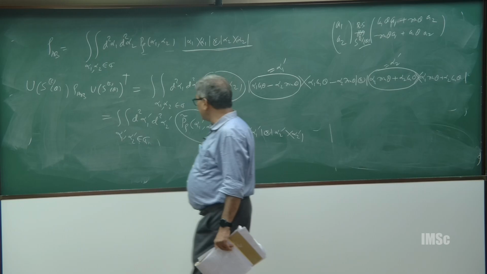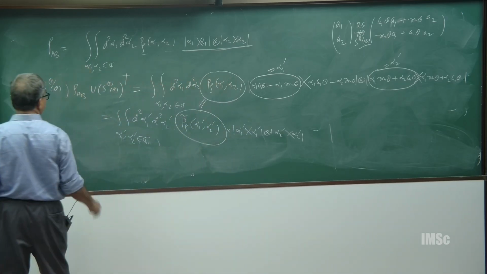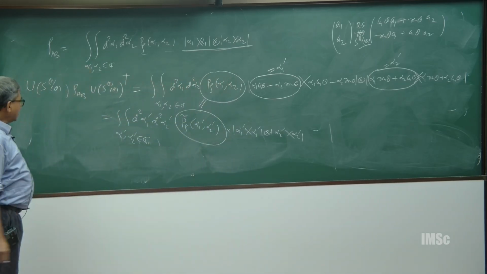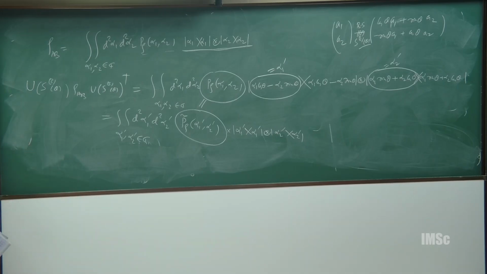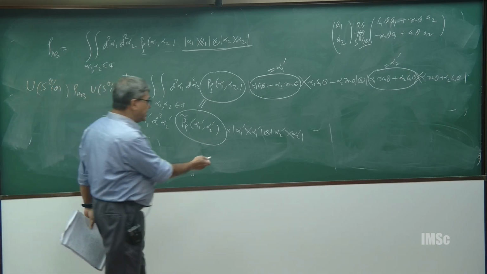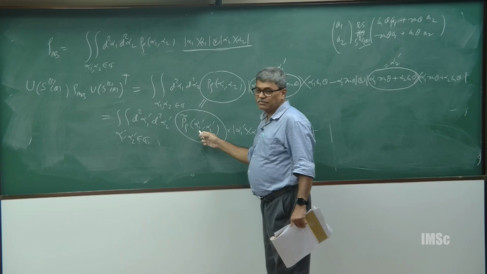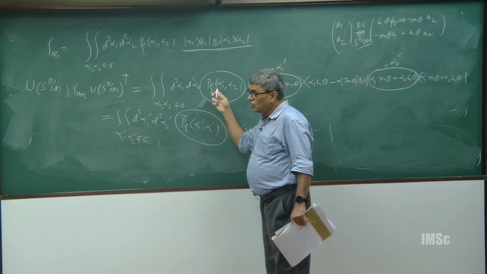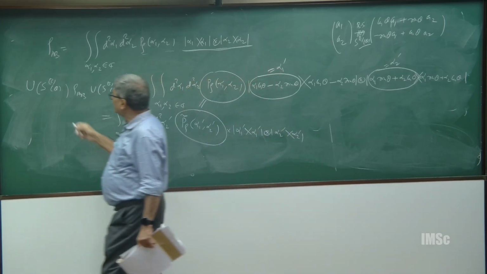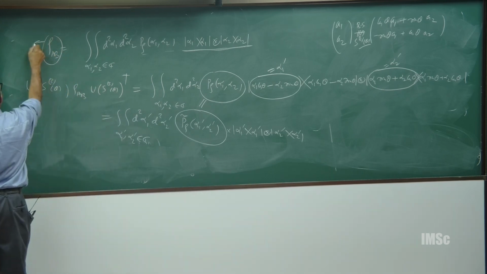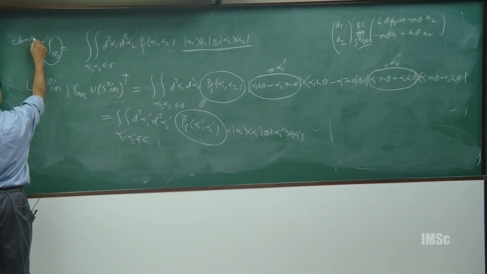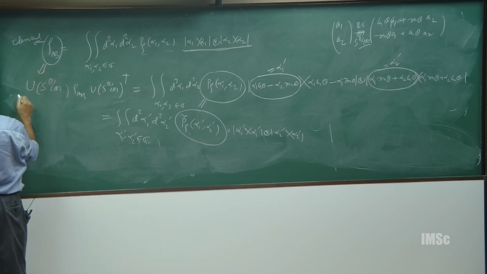So, what you see is that under such a beam splitter transformation, the state will change of course, but it will not change the character of classicality or non-classicality, because this is again a coherent state representation. If this is everywhere non-negative, this is also everywhere non-negative and vice versa. So, therefore, this is classical equivalent to this is classical.